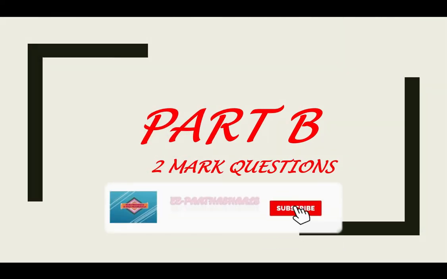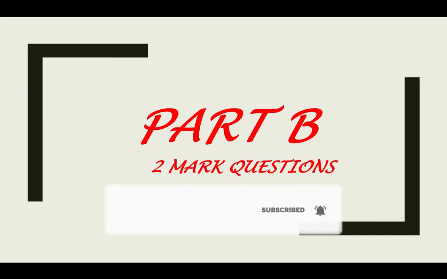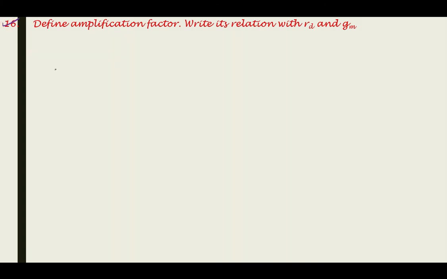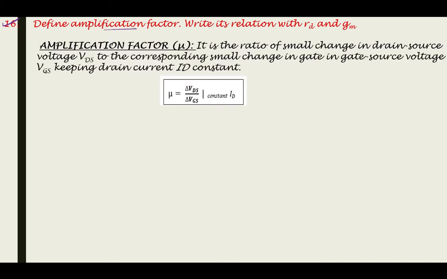Part B, we will see, that is 2 mark questions. The first question, define amplification factor. This question was also highlighted in the video. So in this, amplification factor means it is the ratio of small change in drain source voltage, that is VDS, to the corresponding small change in gate source voltage, that is VGS.